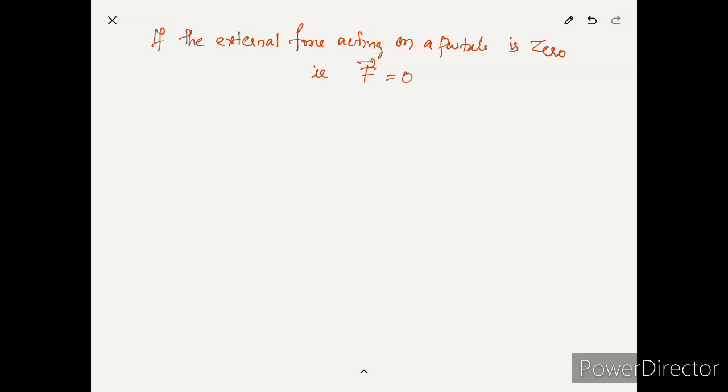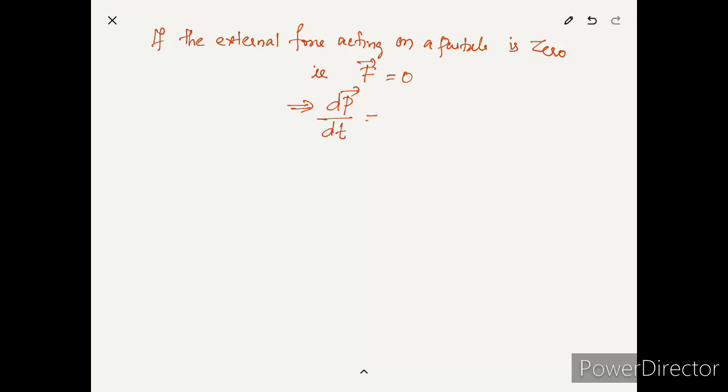Now, if the external force acting on a particle is zero, that is F is equal to 0. We already said that F is equal to dp by dt.